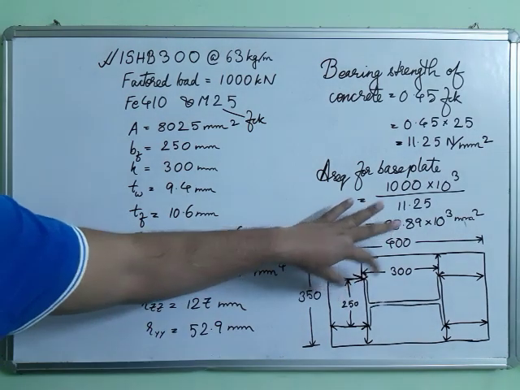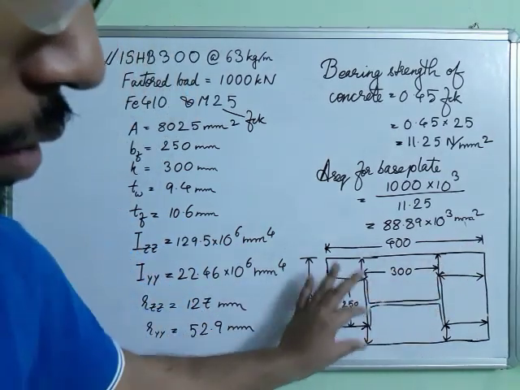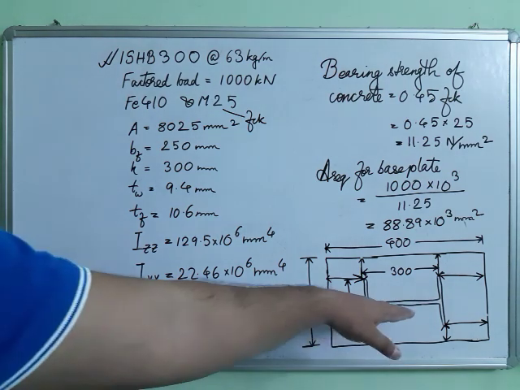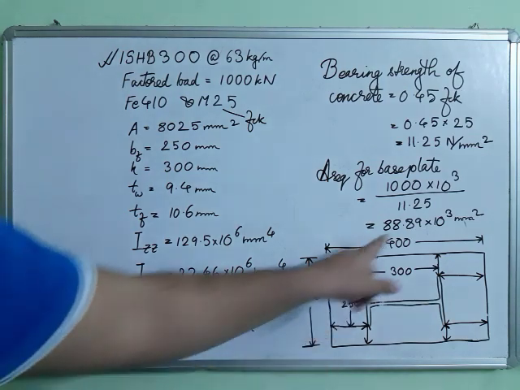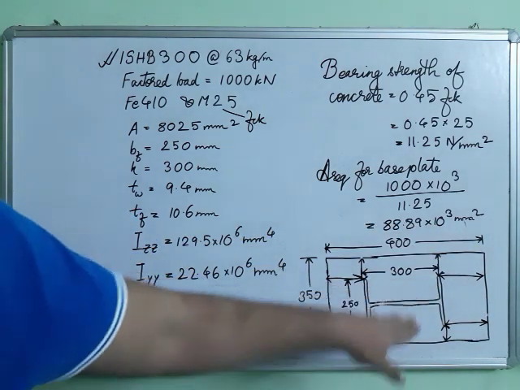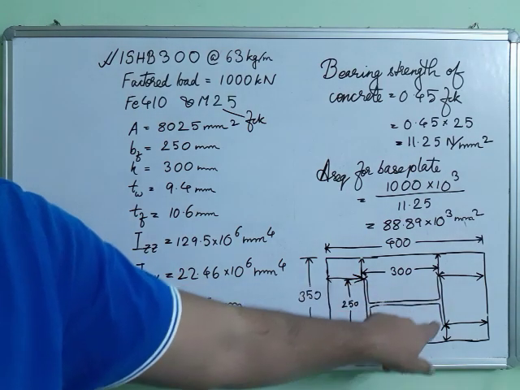This one, this one, this one, this one, this and this. We have designed it in such a way that the steel column is in the center of the base plate. This is the overall base plate, and the steel I section column is at the center.